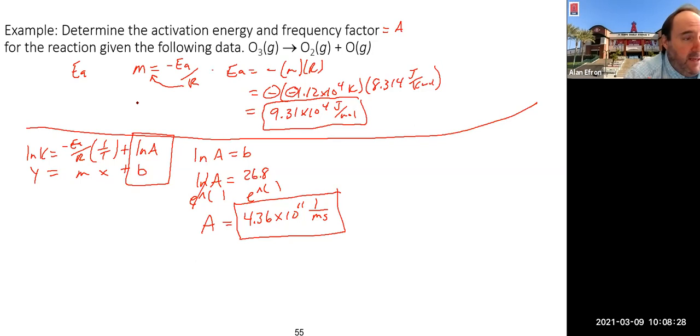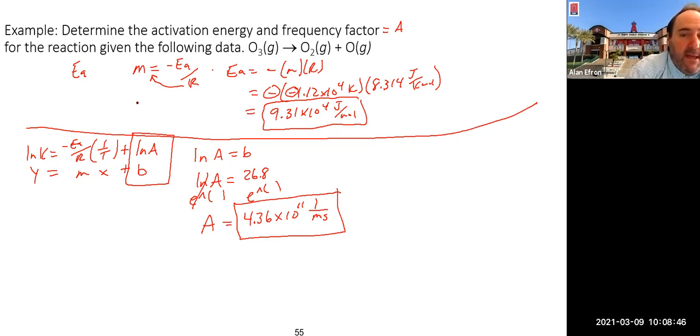The other thing that's important, just like in most chemistry, is that sometimes temperature is given in degrees Celsius, so you do want to make sure that it is converted to Kelvin when you do the graph.